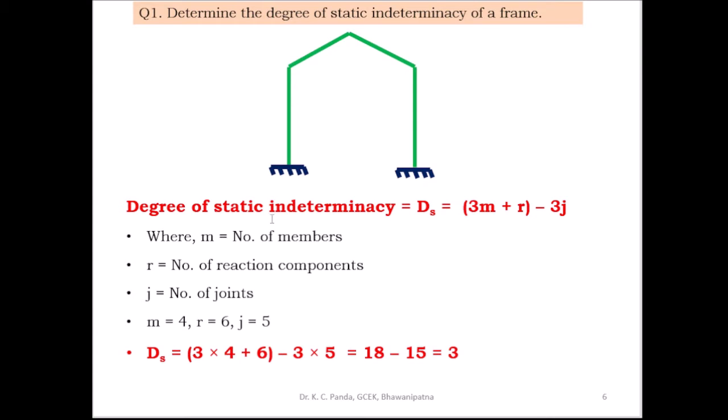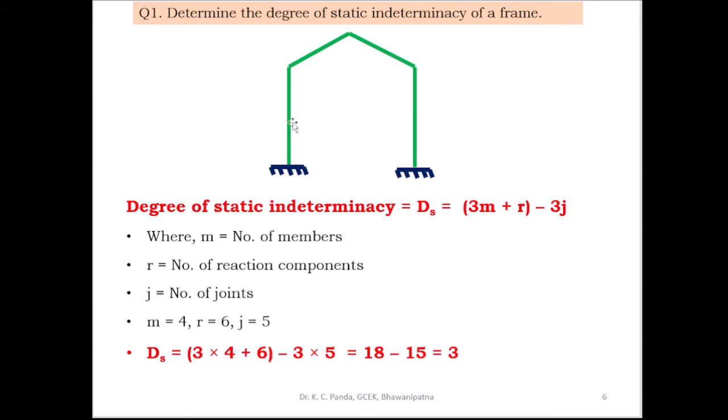Here the degree of static indeterminacy can be determined using this equation, ds = 3m plus r minus 3j. So here you have to count the number of members, number of joints, and number of reaction components.